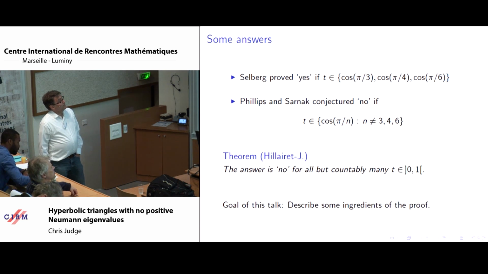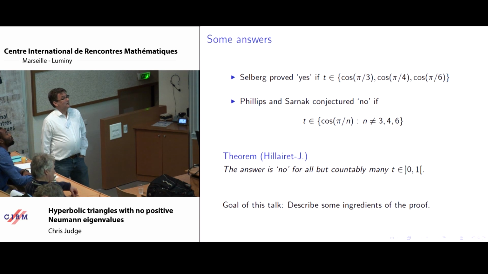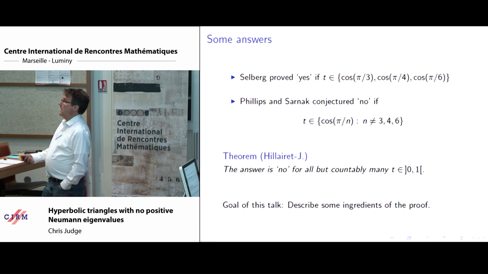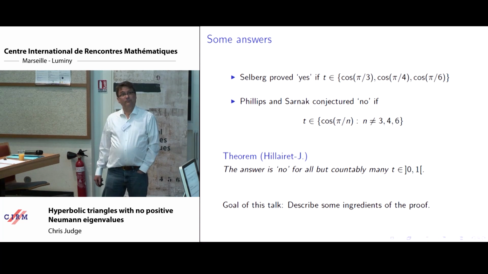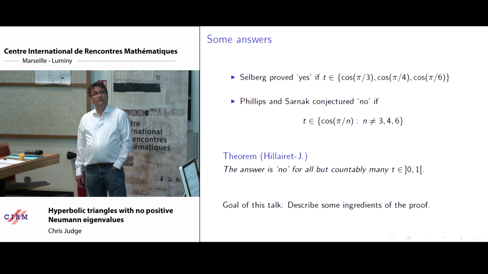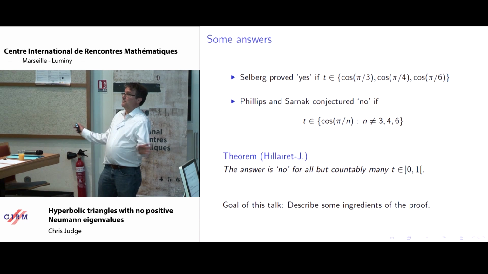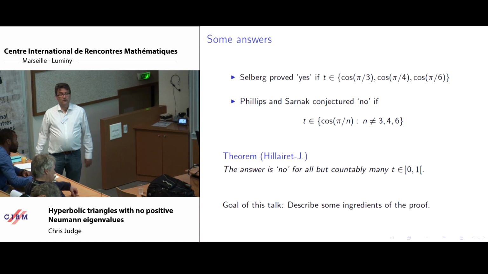Okay, and so then recently, Luc and I proved the answer is no, but if you look at the t in the range between 0 and 1, there may be a countable number of exceptional t for which you can have L2 eigenvalues, but otherwise none, with Neumann conditions.